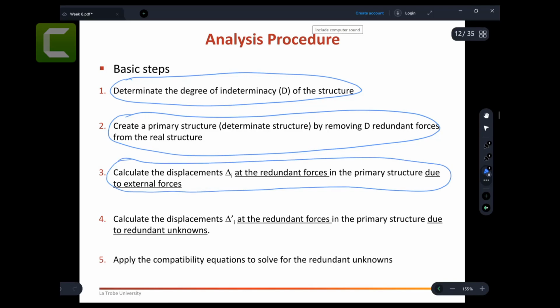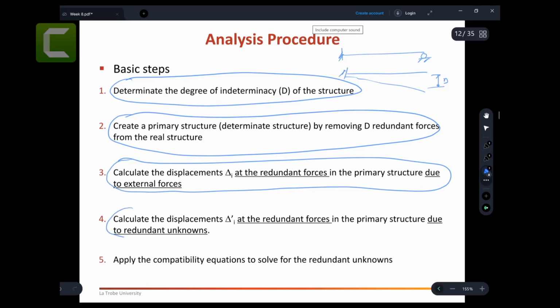Where are you going to find the displacements? If you remember the last example, you have this roller here, and then you have a fixed support, and you make the primary structure by removing this roller, then you need to find the displacement at this particular point. Because when you remove that support, it will deflect. So you need to find that displacement.